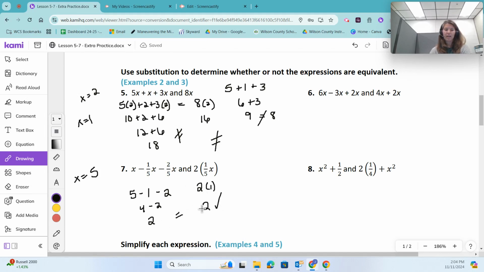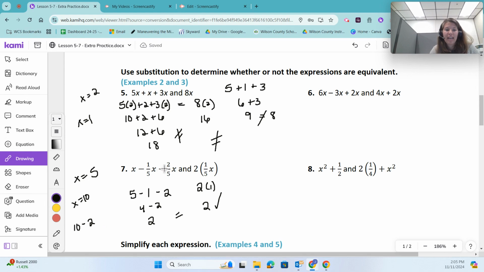So these are equivalent. And again, you can double check that with another number, x equals 10. I picked another number that is divisible by 5 again to make it a little bit easier. So I would have 10 minus, and then 1/5 times 10 is going to give you -2.